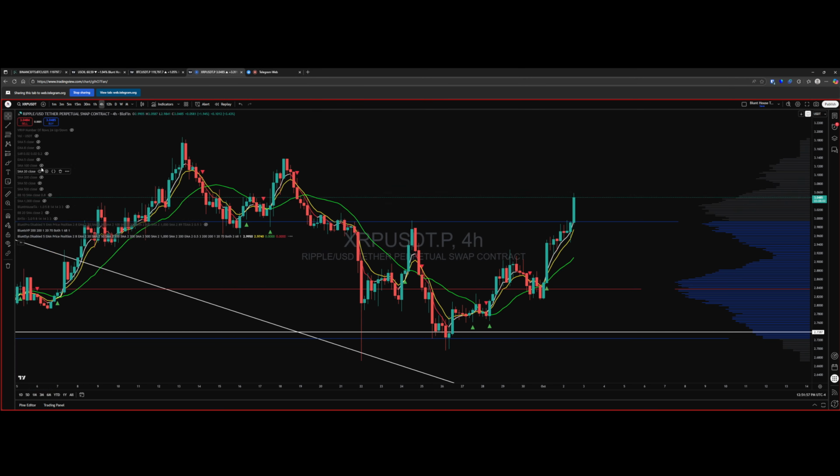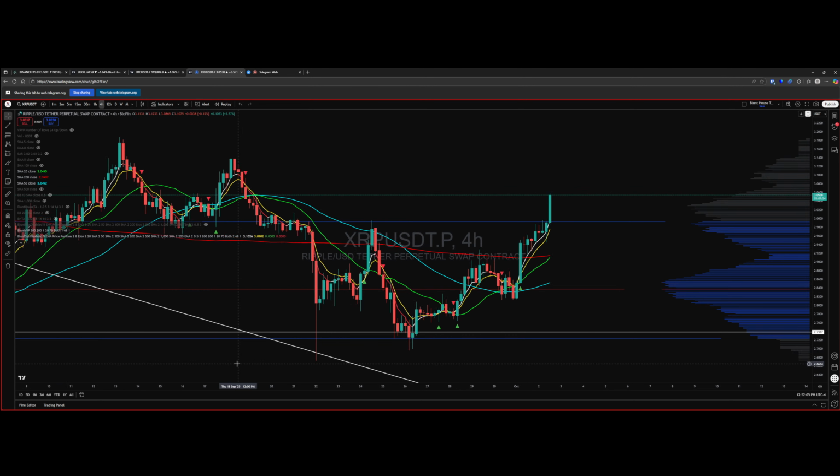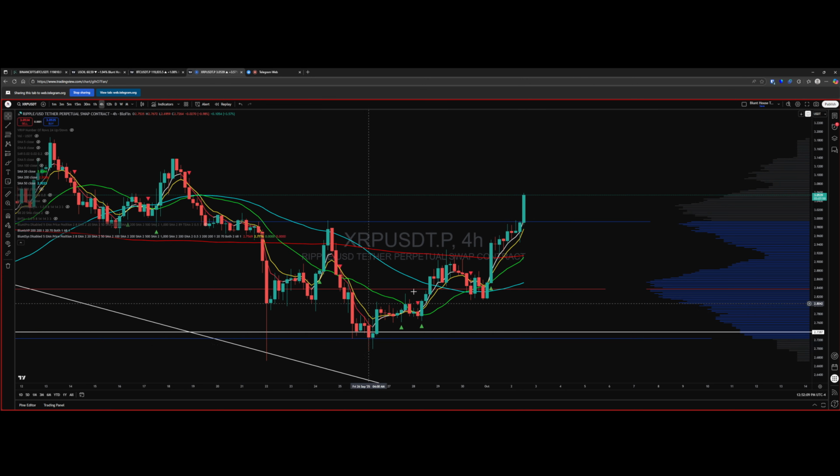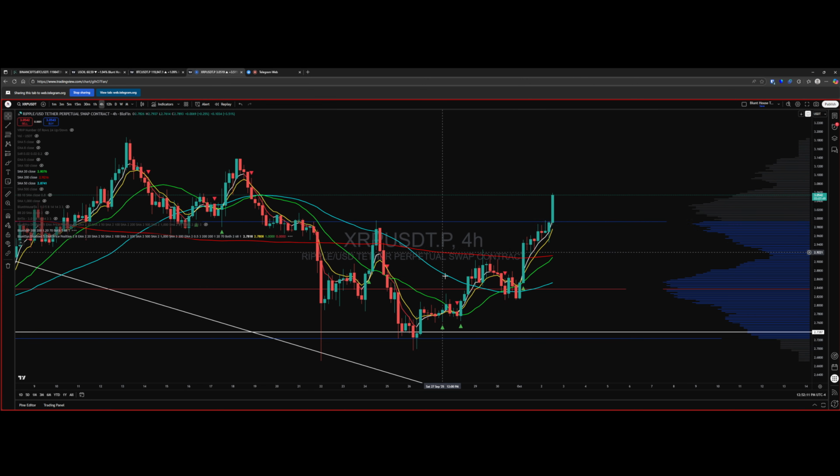And then when we start to throw on just quickly the 20, the 50, and the 200, 20 being green, 50 being blue, 200 being red. So when this big ski slows down and you're looking to take a short, we kind of seen what to look for, right, in the past.